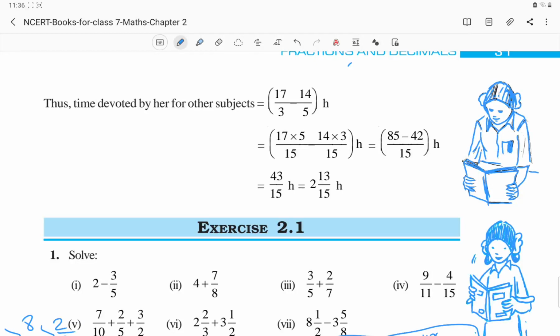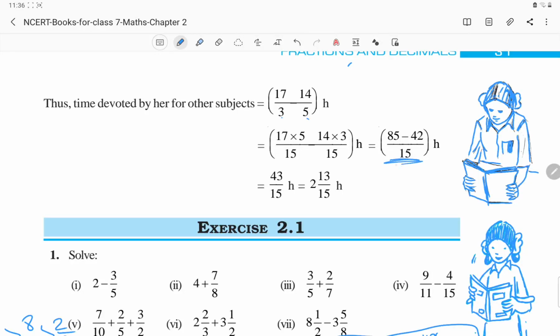17/5, which, again, similar thing. So I told you to times them at the start, didn't I? So 3 times 5 is 15. So 17 times 5 is 85. 5 times 3 is 15. So 14 times 3 is 42. Okay?